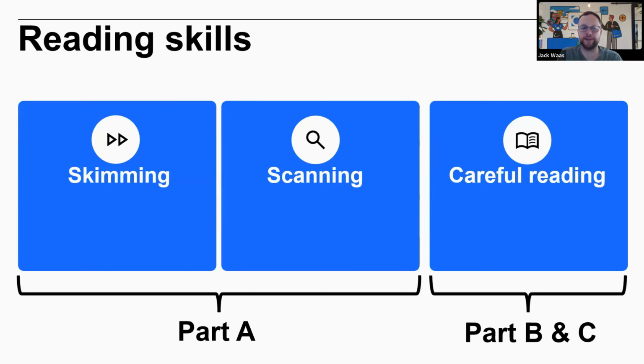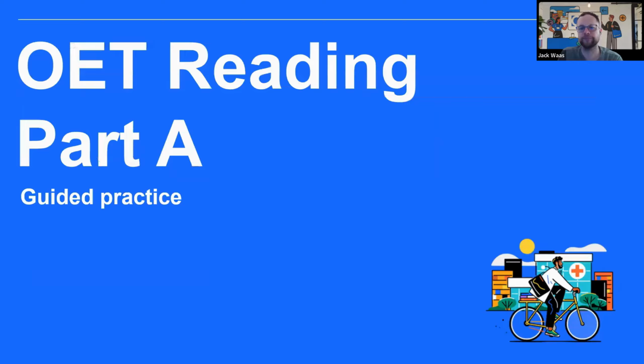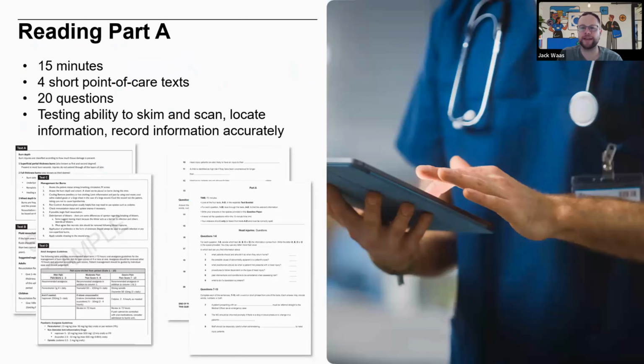As you can see here, skimming and scanning are more useful for part A, and careful reading is more useful for parts B and C. Let's start with OET reading part A. In this part of the test, you'll read medication tables, dosage charts, instructions, treatment pathways, diagnostic tools.